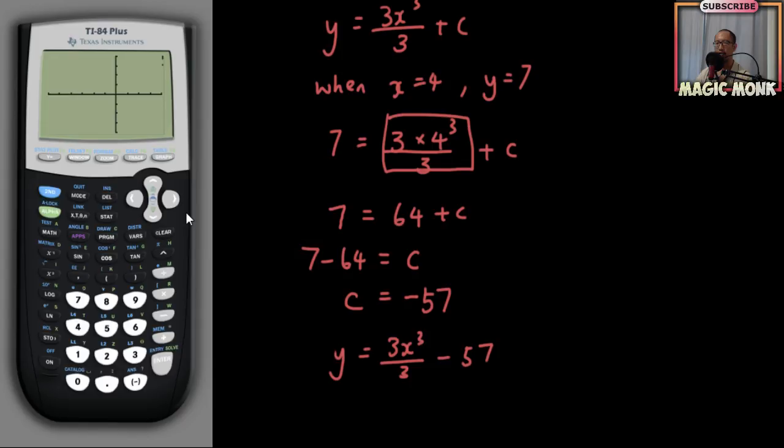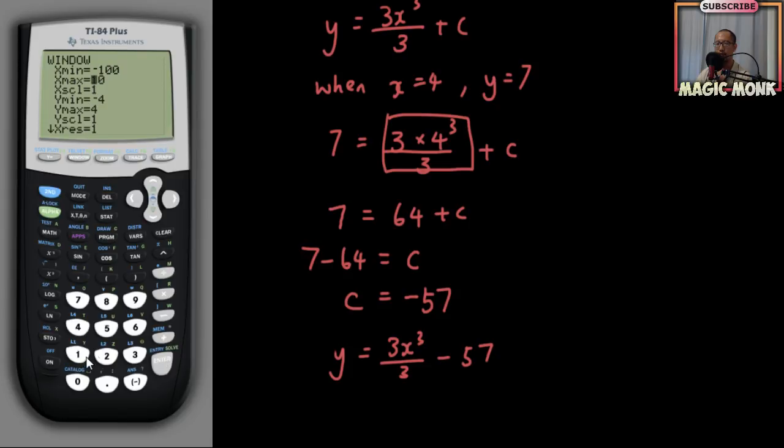Okay, so that's the graph. We can't see it because we need to zoom out a fair bit. If we go to window and zoom out, because we know it's negative 57, let's just go negative 100 to 100.